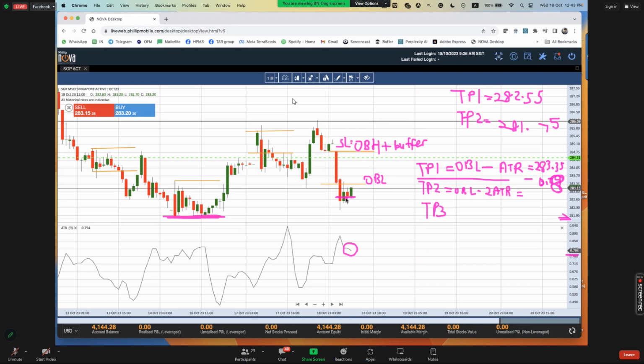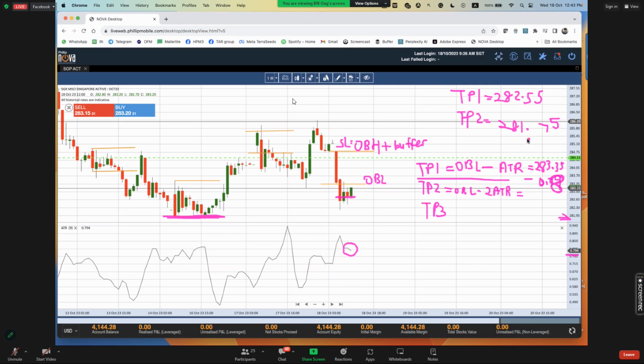So I wouldn't want to short on the market. That's why in the video I said that this is more probably where you'll be looking at a limit order into the opening bar low. When you do the opening bar low, you do have space towards TP1, and if not, you do have the space to TP2.